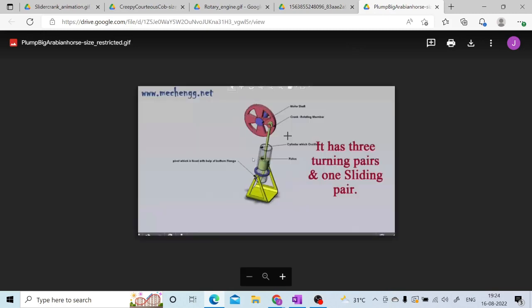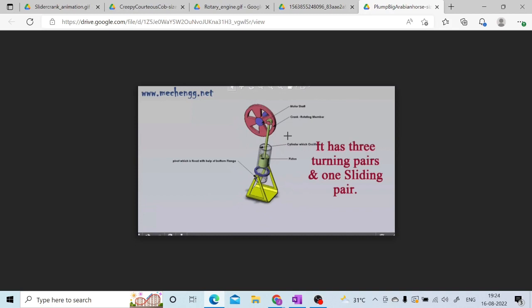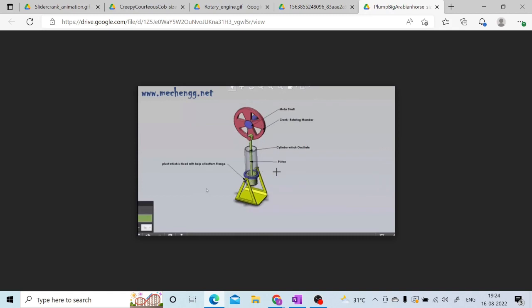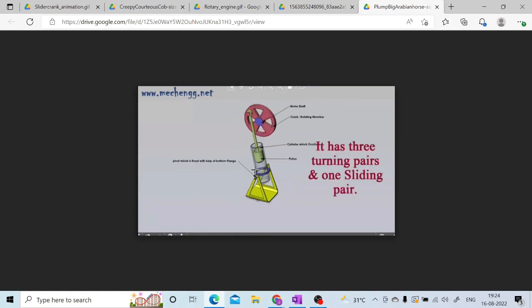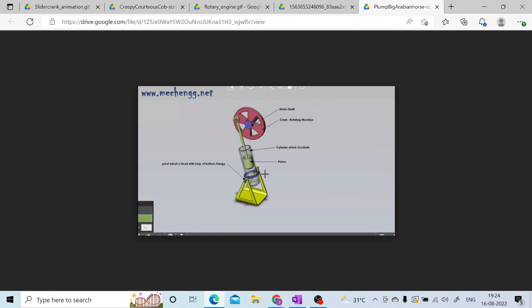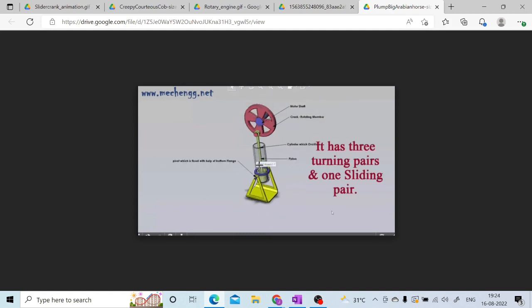Here you can see that your cylinder is oscillating. Why is the cylinder oscillating here, and over there the lever is also oscillating, inside which the slider is there? Because your connecting rod is fixed, and not the last link which was previously fixed in the case of the single slider crank chain mechanism.